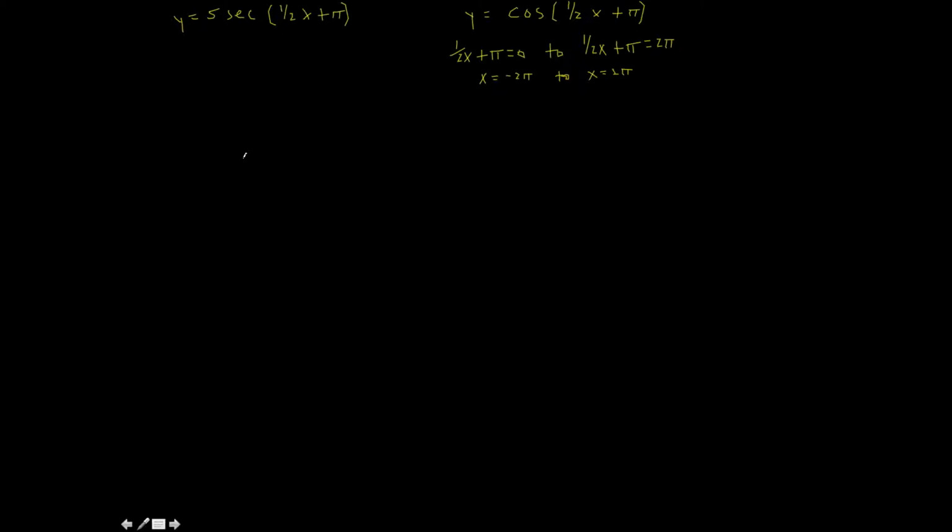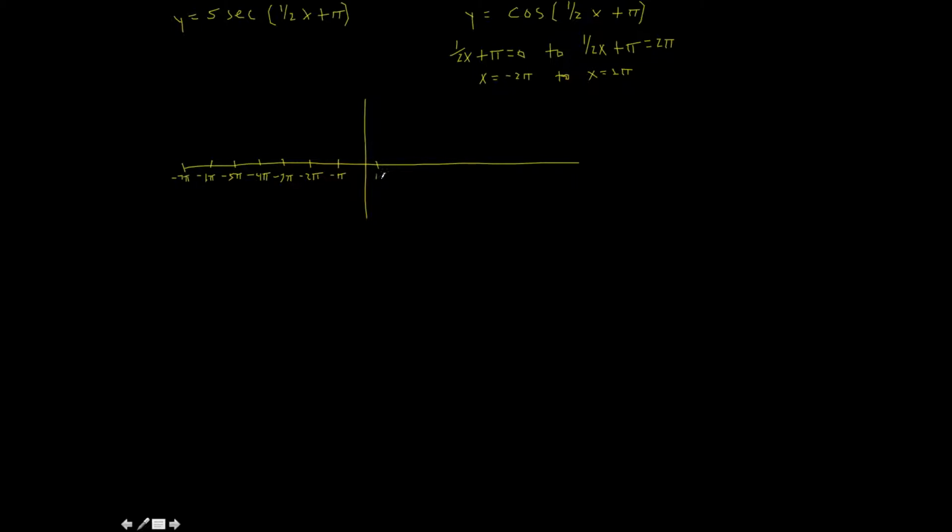Okay, so here we go. So we have negative pi, negative 2 pi, negative 3 pi, negative 4 pi, negative 5 pi, negative 6 pi, negative 7 pi.